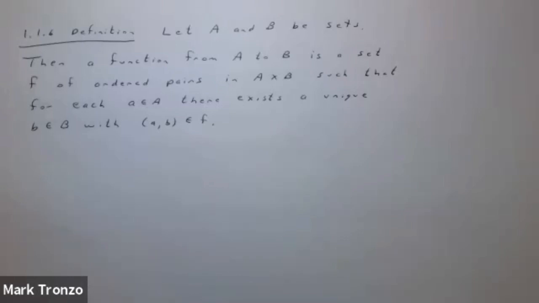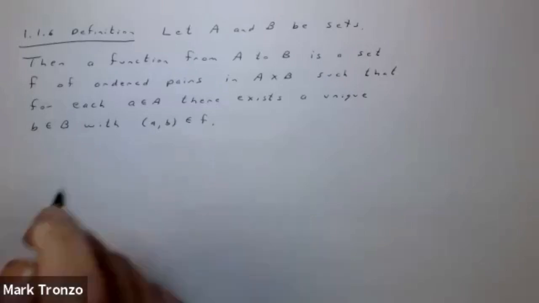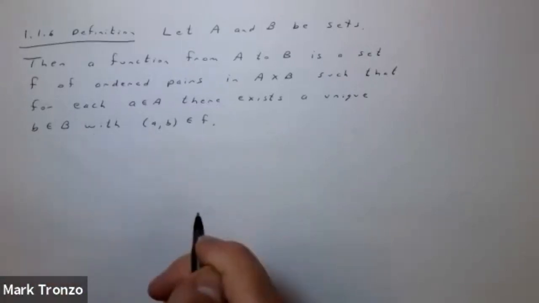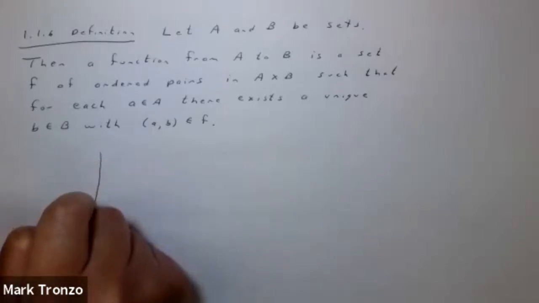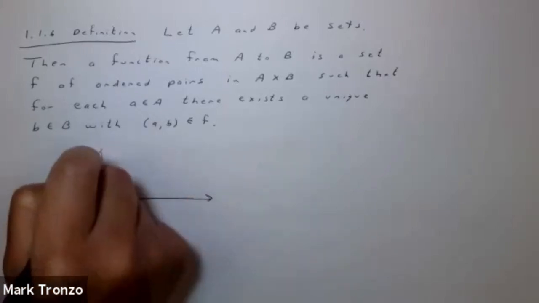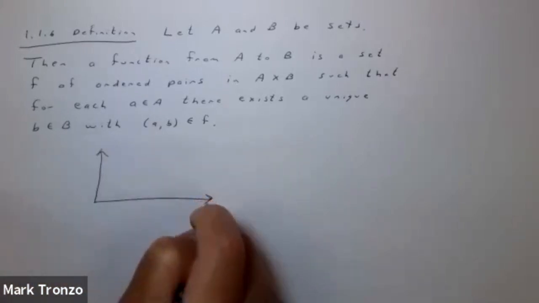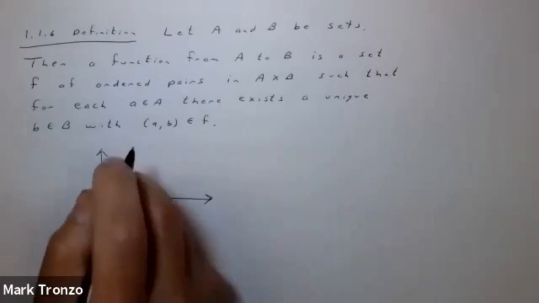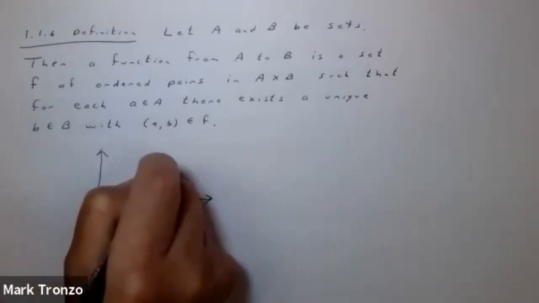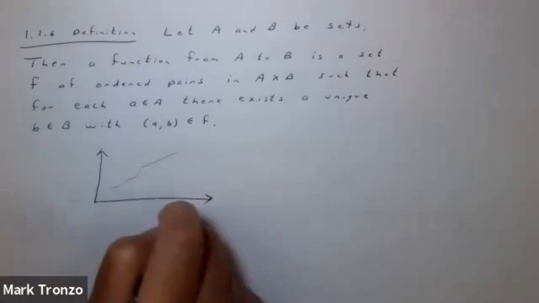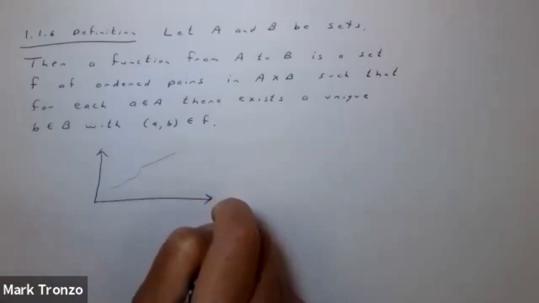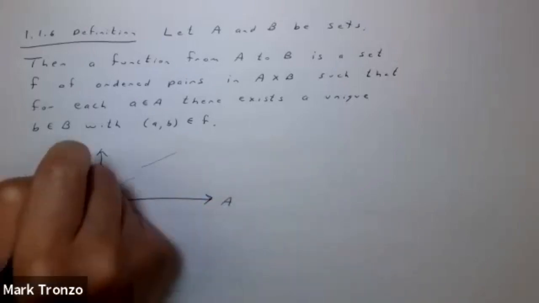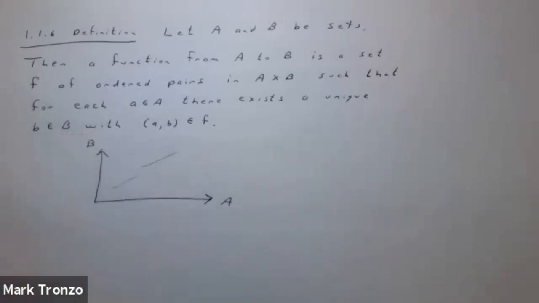That's sort of a pretty complicated way to talk about a function. What it sort of is saying is, let's try to relate this to what we normally have. Let's say this set down here would be like our A, and this would be like our B up here.